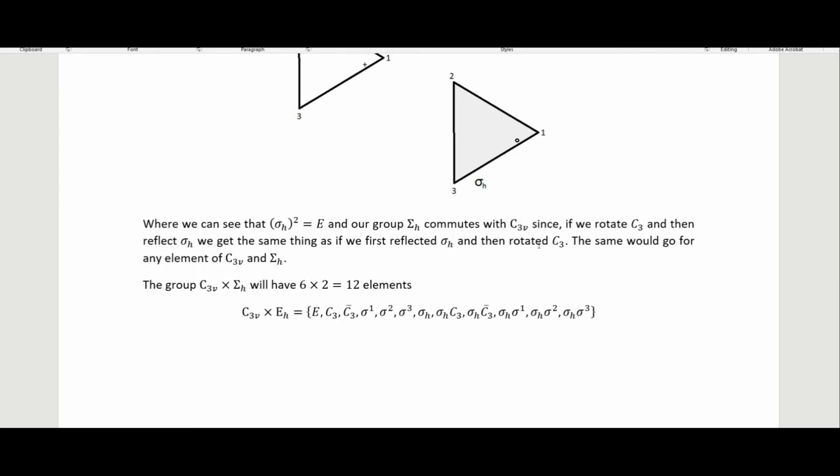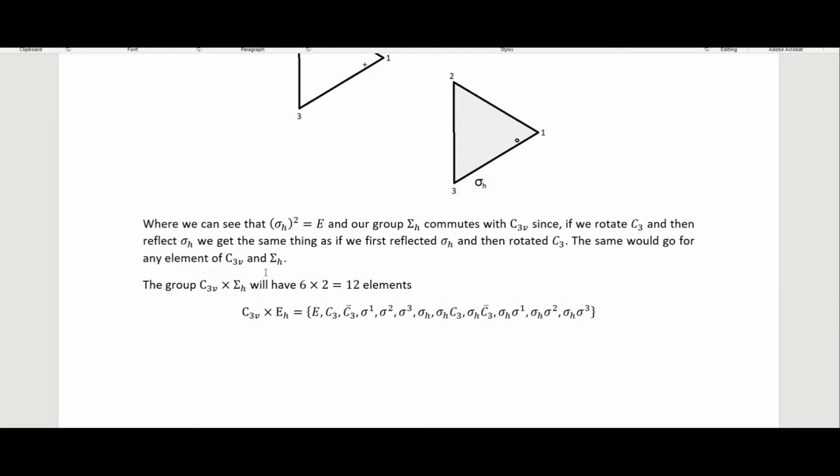We can see that it commutes with C3V, since if we rotate by 120 degrees counterclockwise, and then we do this operation, it would be the same as if we did that operation first and then rotated 120 degrees counterclockwise. Those two things commute, and you could show that that is the same for every element of our C3V group. We'll just take it on, I don't want to say faith, I think it'd be easy to show, but I'm not going to go through that for the sake of time.